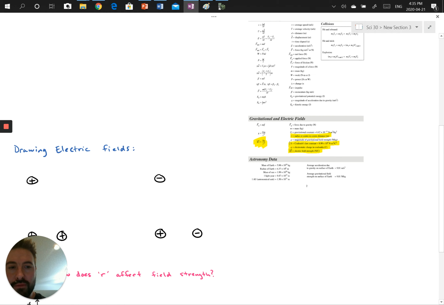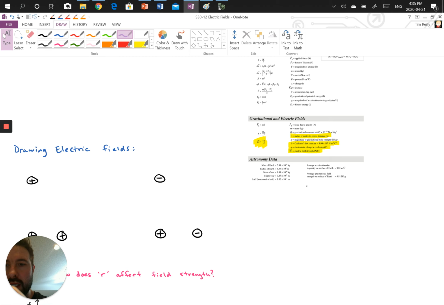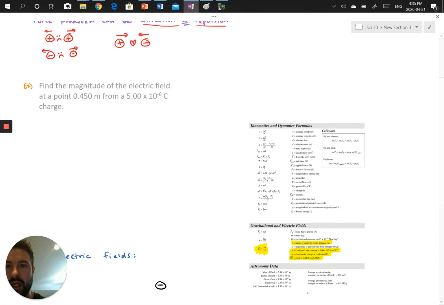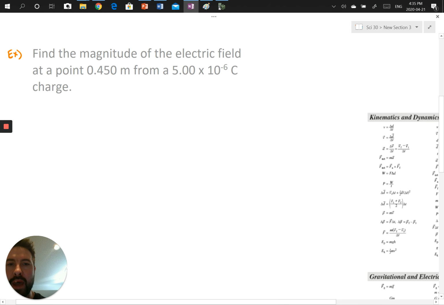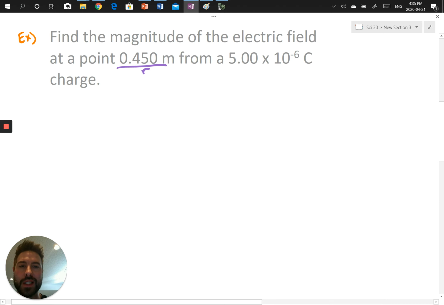Let's go back over here and take a look at an example. We want to find the magnitude of the electric field at a point 0.450 meters, so that's our R value, from a 5 times 10 to the negative 6 Coulomb charge.